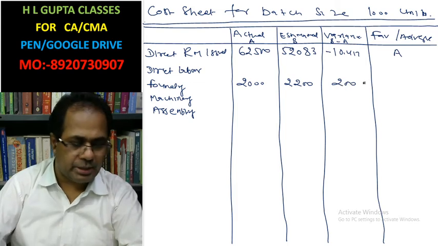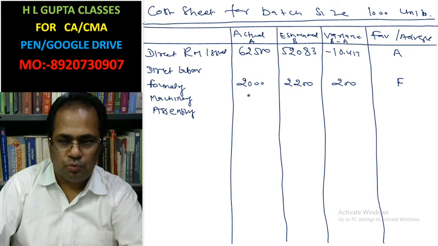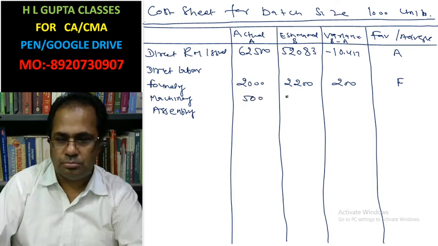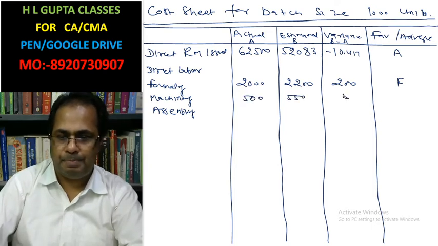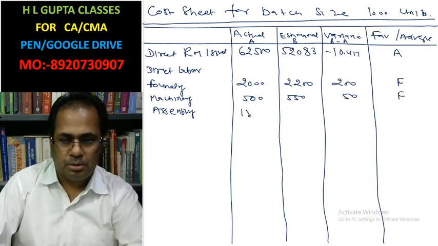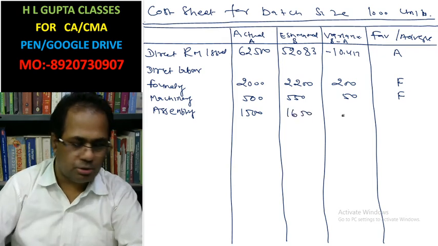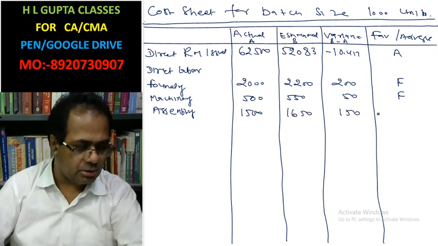This is 200, favorable. 500 and 550, that is 50, also favorable. 1,500 and 1,650, that is 150, also favorable.